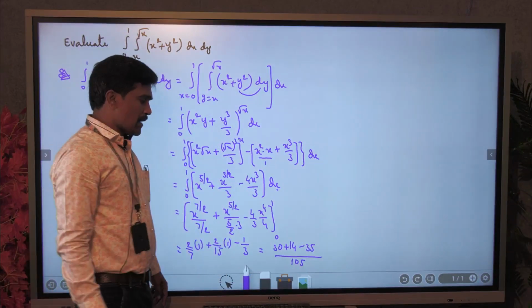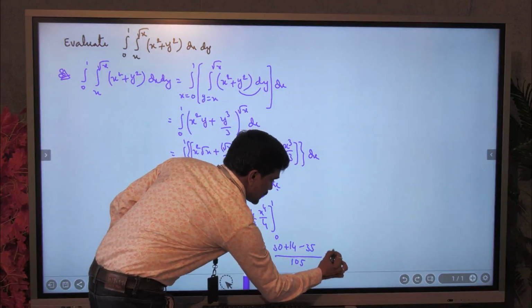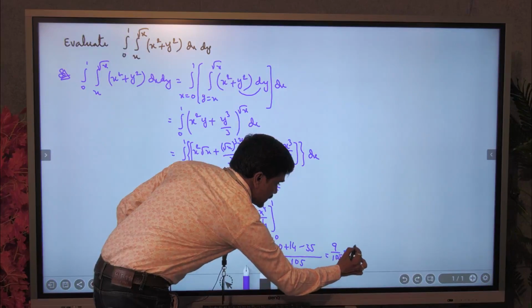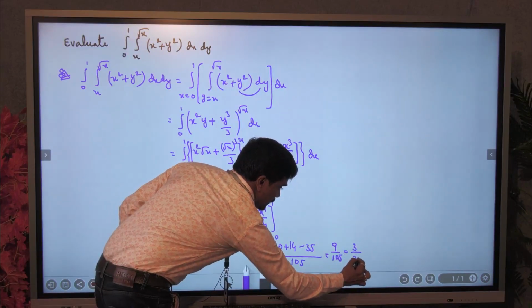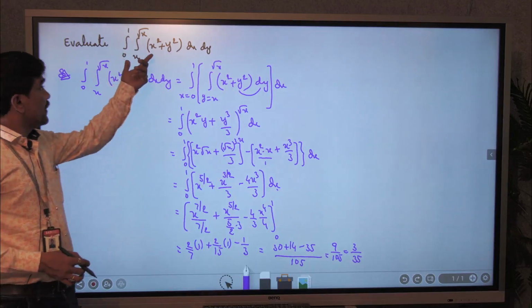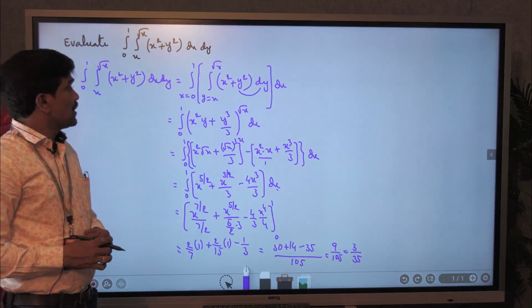Now 44 minus 35, so that is 9 by 105. So that's why here write 3 by 35. This is the value of the given integration. Right?